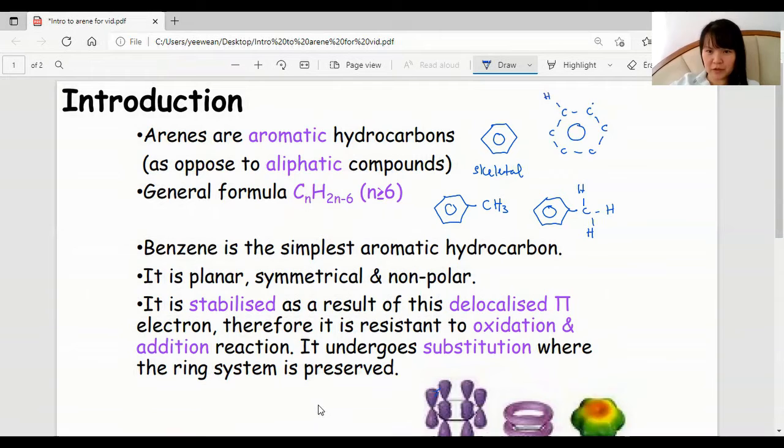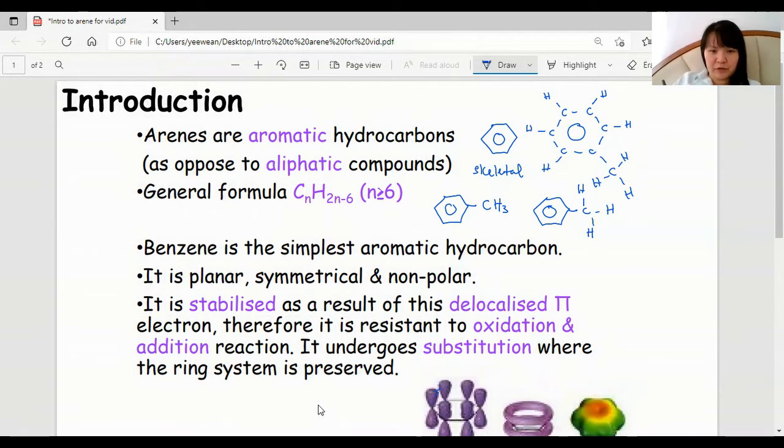In this way, I showed every bond. So there are many ways to represent methylbenzene.